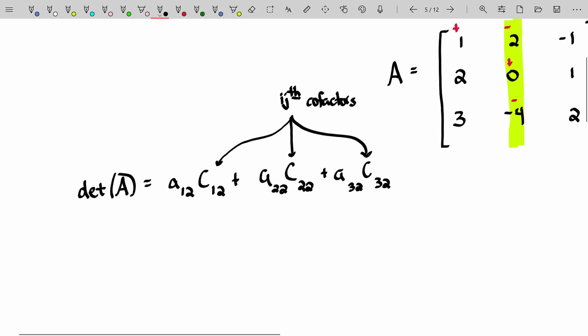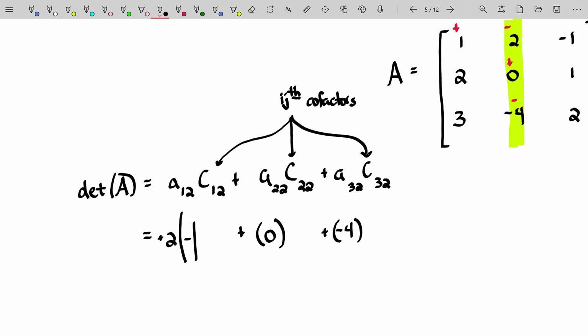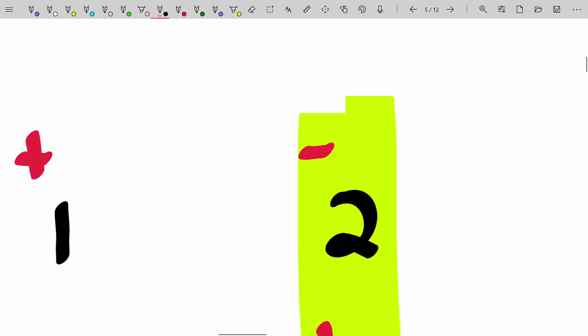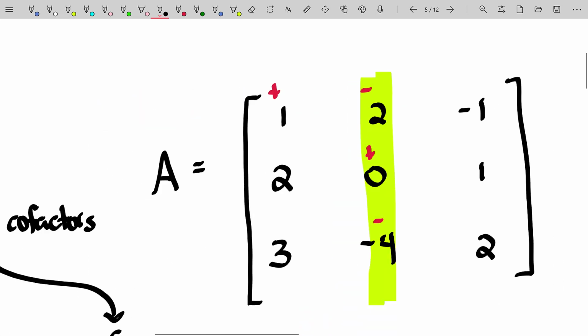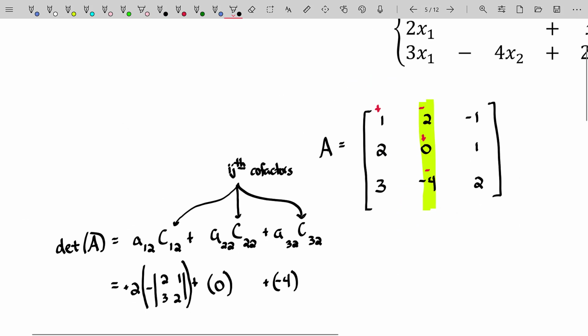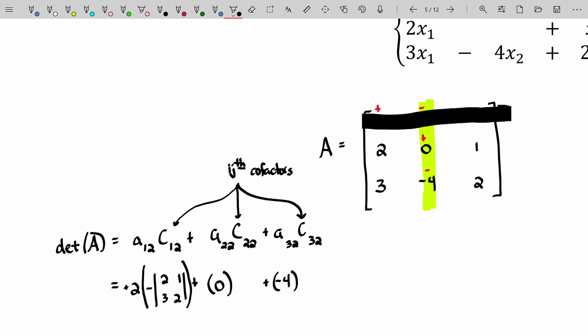Let's go ahead and just compute this out. What I've written there are just the entries A12, A22, and A32. Now we'll write in the cofactors. So the A12 cofactor is the sign that you see here, the negative, times the determinant of the matrix that remains after you remove the column and the row that you're currently looking at.